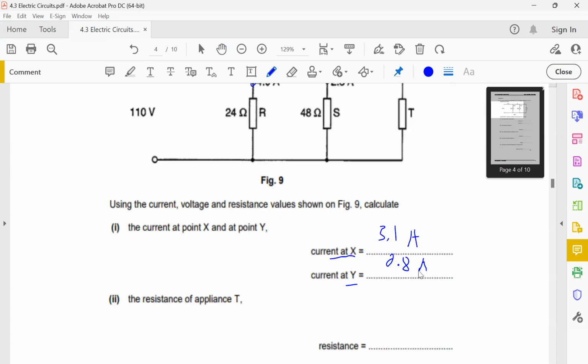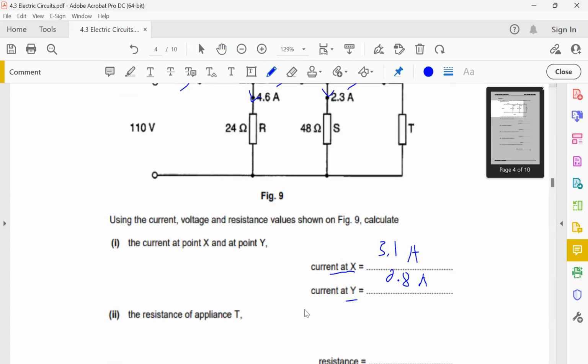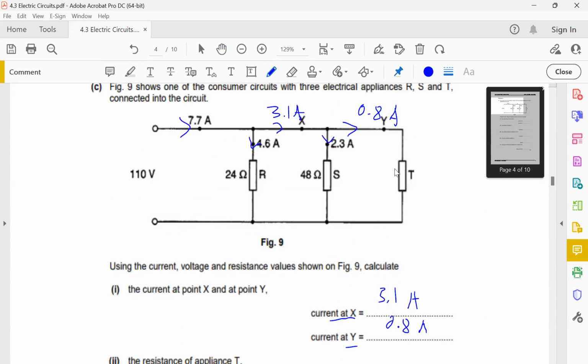Okay. Then after that, they talk about the resistance in appliance T, right? If you're asked to find resistance, you must be given at least 2 things, right? What 2 things must I be given? Volts and current. Very good. Because if I use the V equals IR formula, I'll understand that R equals V over I, right?